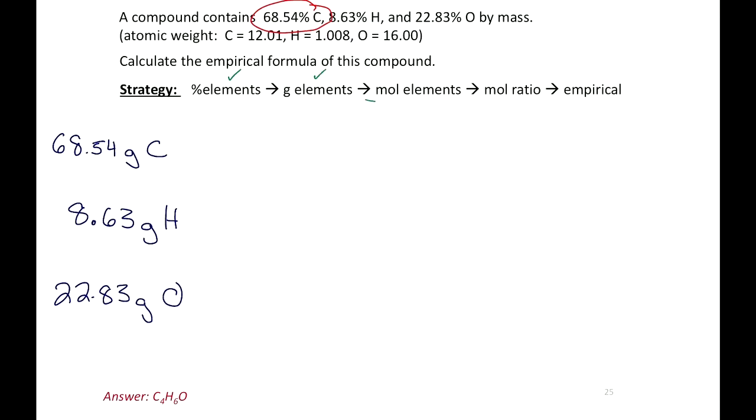Okay, so we went from percent elements to now grams of elements. So now we want to get to moles of elements. This is where we're going to use molar mass for each of those respective elements. So how do I get to the mole amount of carbon if I know the gram amount? We're going to divide by 12.01 in this case. So 12.01 grams of carbon is 1 mole of carbon.